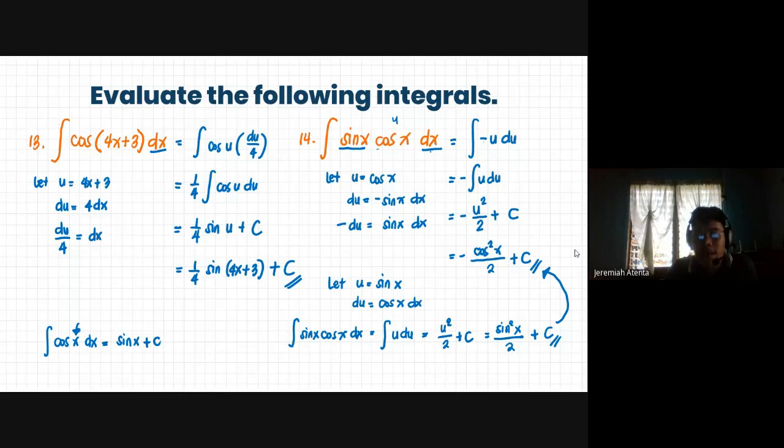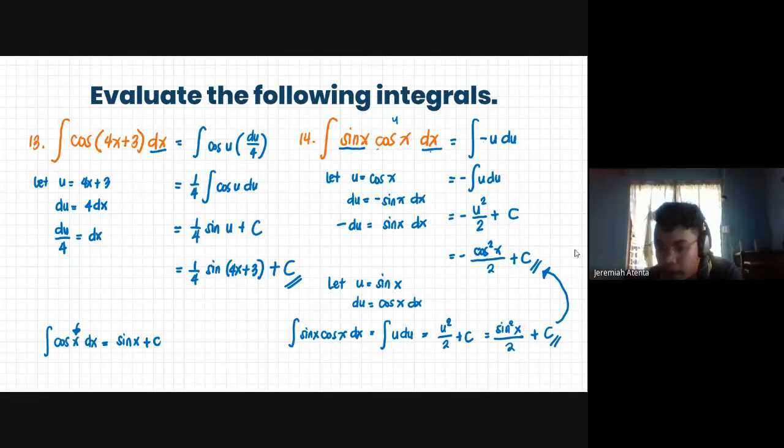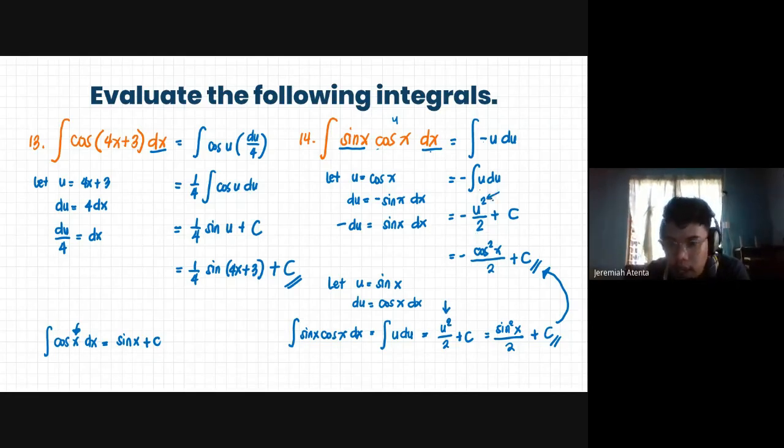Negative. O, tama naman siya. Sir, na-square man ang u. Kuan, chain rule. Integral of x to the n dx.